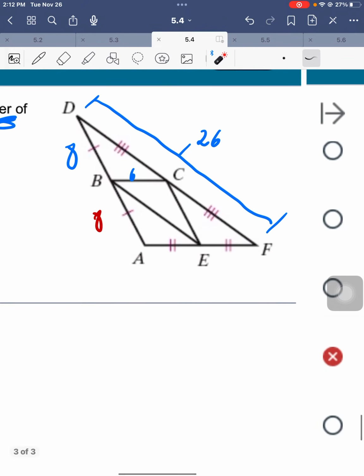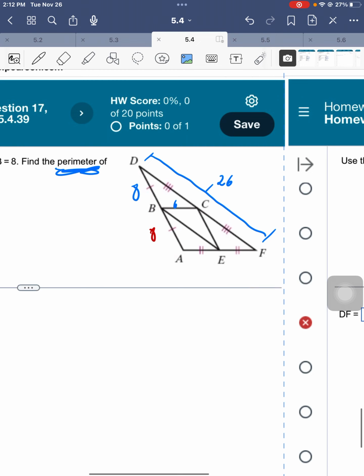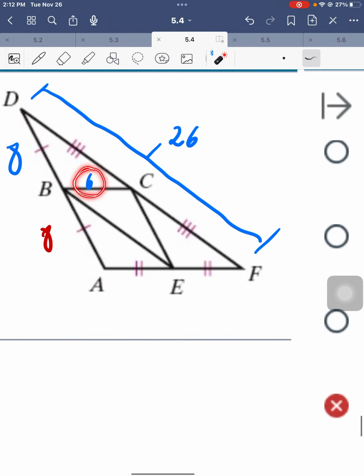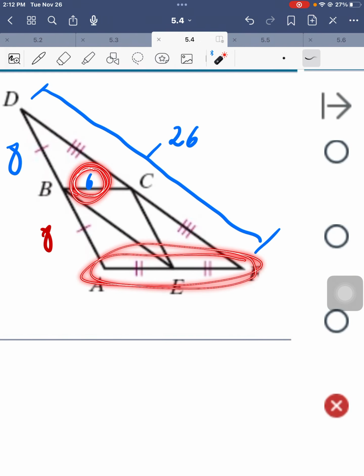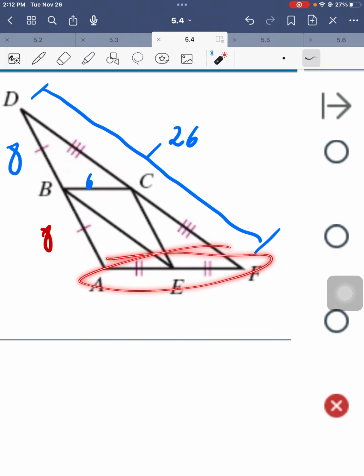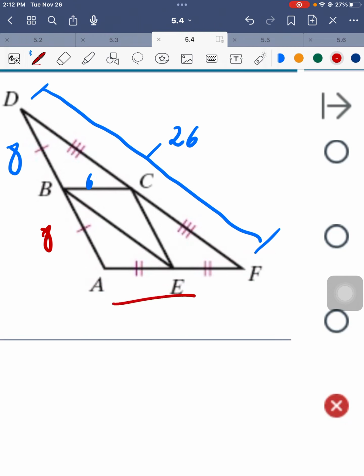And if this is 6 and BC is a midsegment, because of the bisection of the third side that it did not touch, that means that this is half of this length. So that means that AF would be 12.